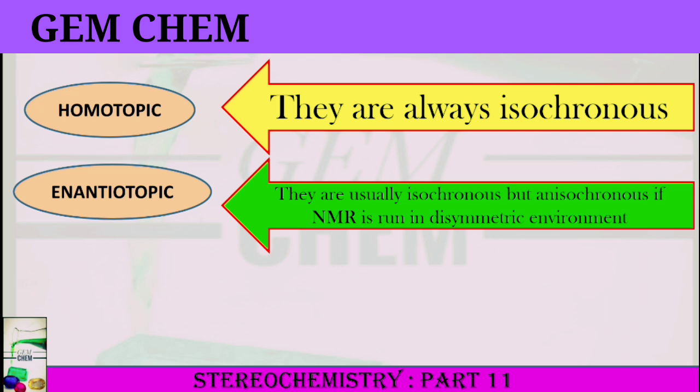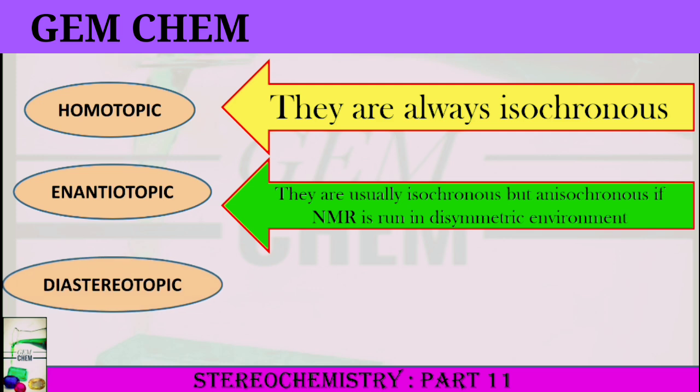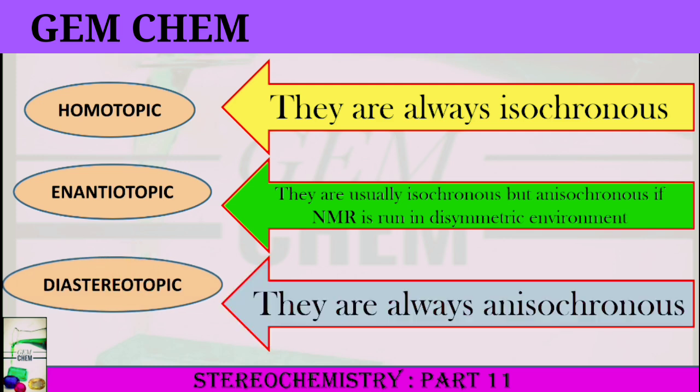That means there will be shifting of the signal and a quartet will be observed. Next we have diastereotopic. In this case we are always going to see an anisochronous shift. We are going to discuss some molecules and see how their spectra are obtained.